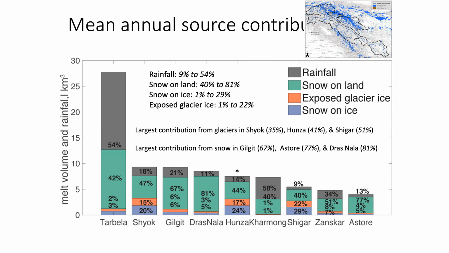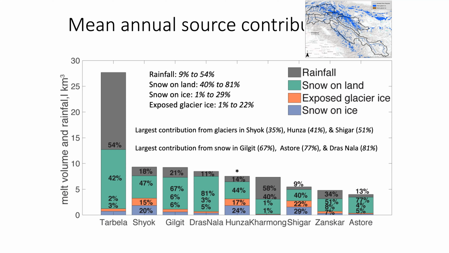At Besham, for the upper Indus, we show the mean annual proportions of melt from snow on land, snow on ice, and exposed glacier ice. As we expect, the largest proportions of glacier melt and snow melt over glaciers is in the highest northern glaciated basins.